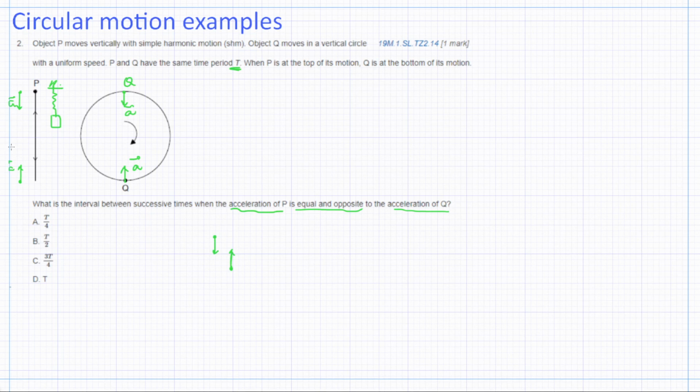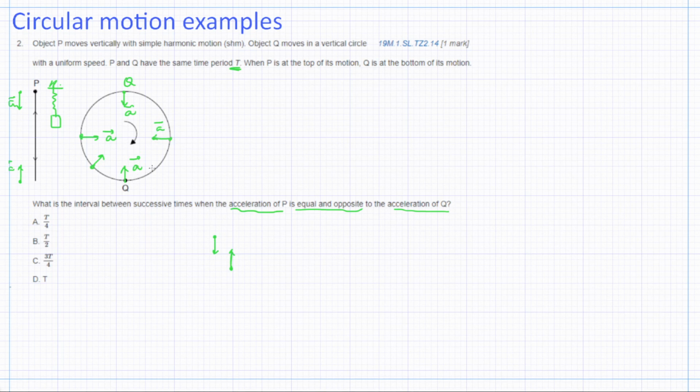In this simple harmonic motion, the acceleration will always be pointing either up or down. It's a one-dimensional problem. Here, the acceleration sometimes will be pointing to the sides. For example, when it's going here, it's pointing perfectly to the right. When it's going down here, it should point perfectly to the left.